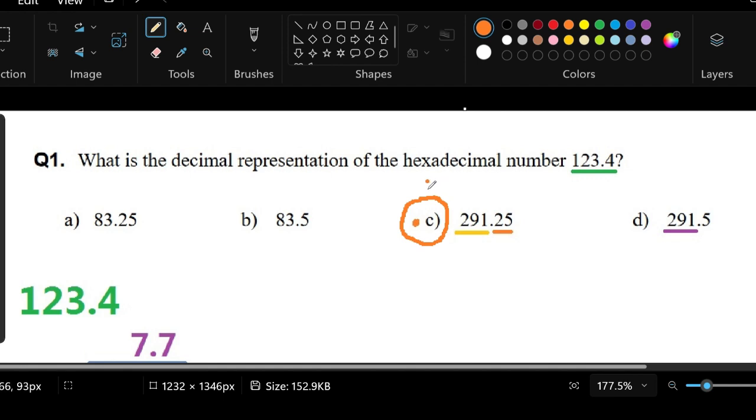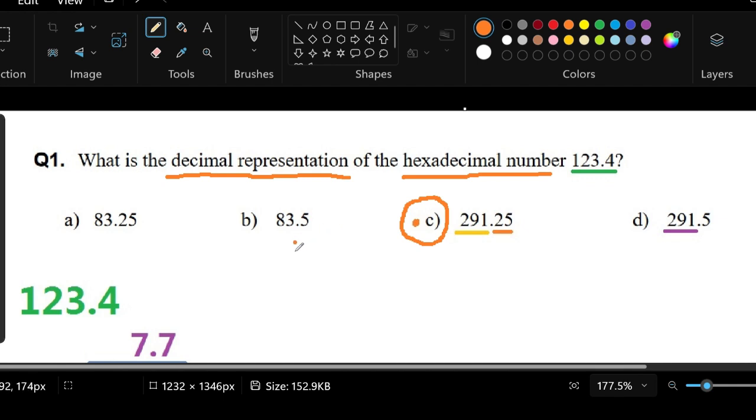The way I did this was first to look at what we're dealing with. Our input is saying that we got 123.4 and it's supposed to be a hexadecimal number, and our goal is to convert it into a decimal number because it's asking us what is its decimal representation.